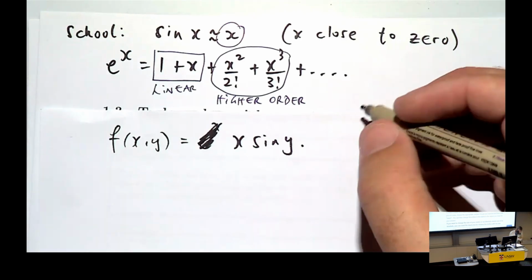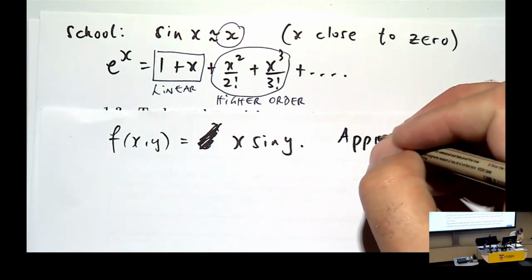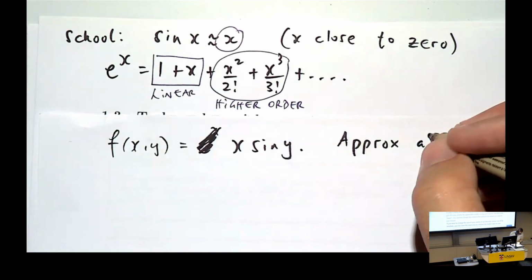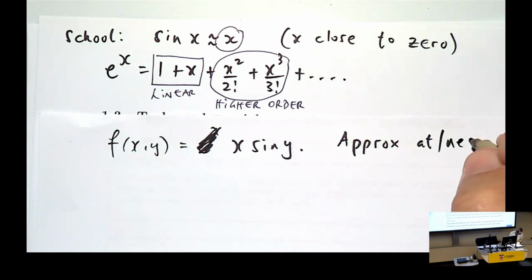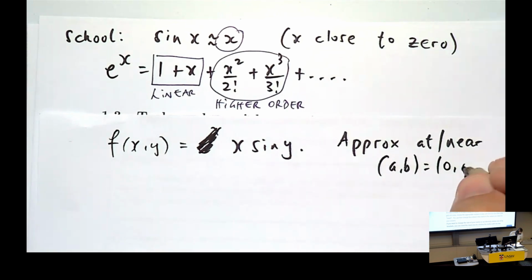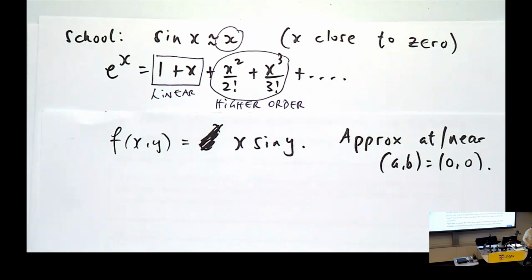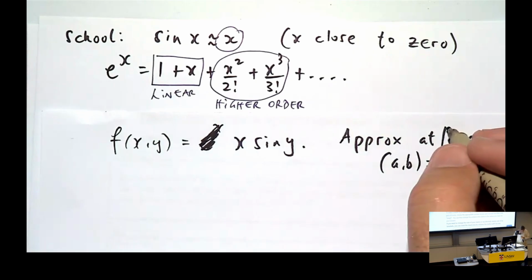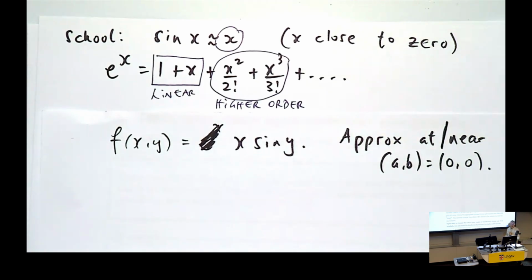All right, so we'll approximate, okay? All right, so with these sort of problems, what do we need? We need the value of the function and its derivatives at the point of interest.